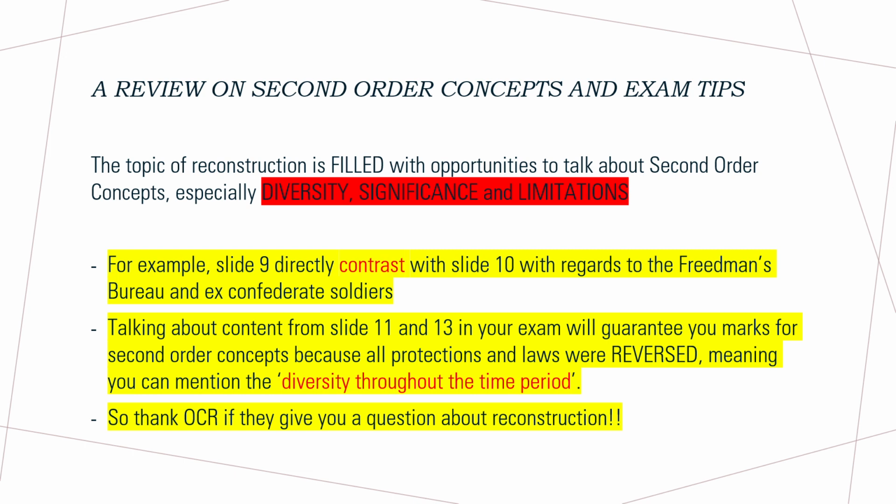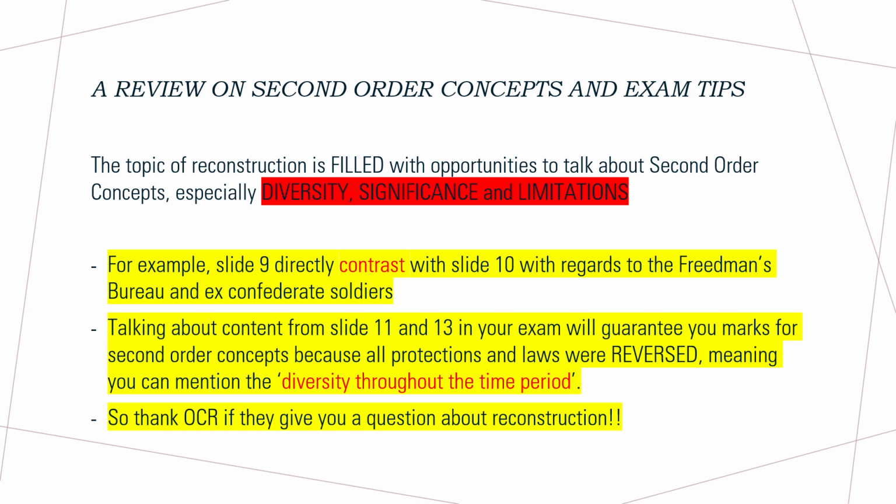So, as we get to our last slide, I thought it would be fitting if we did a little review on the second order concepts and the exam techniques. So, the topic of Reconstruction is just jam-packed with opportunities to talk about second order concepts, especially diversity, significance, and limitations.